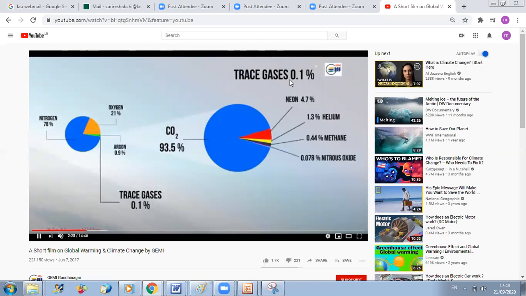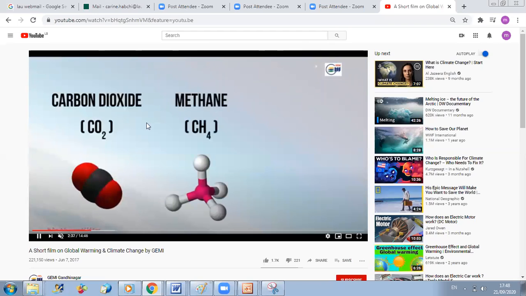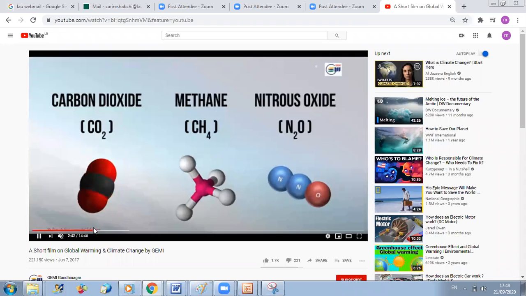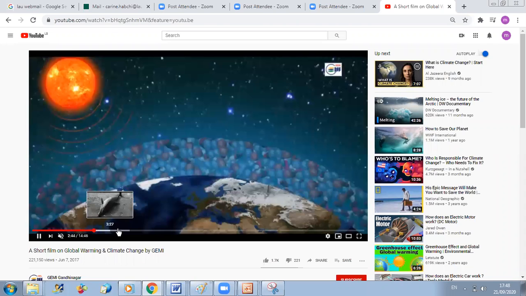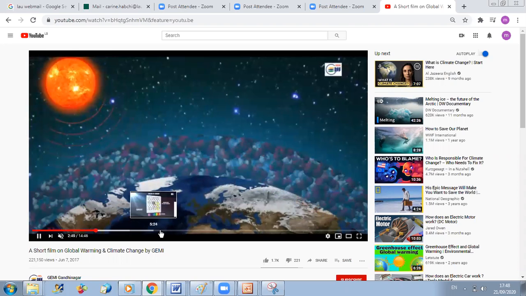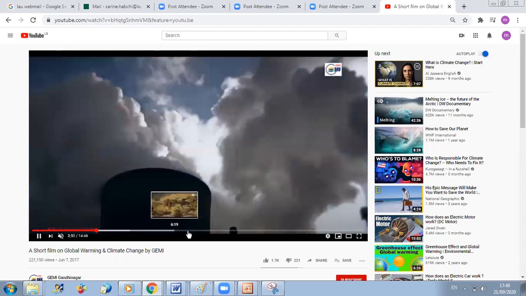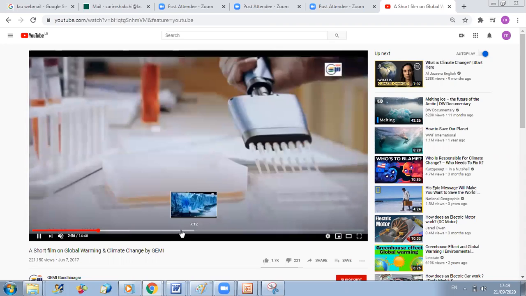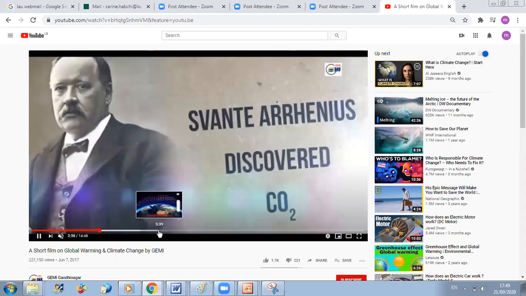Here you can see the variable tracer gases, and 3 of them mainly trap infrared radiation, which are methane, CO2, and nitrous oxide. So if we want to illustrate how they play this effect, we can look at the following example. Let us consider, for example, a window.